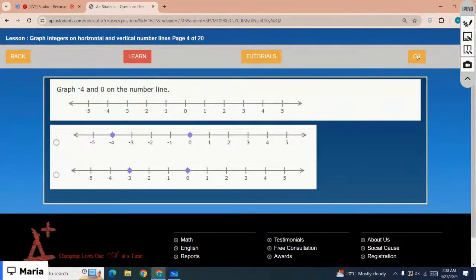Graph negative 4 and 0. So, option number 1 is the correct option, right?